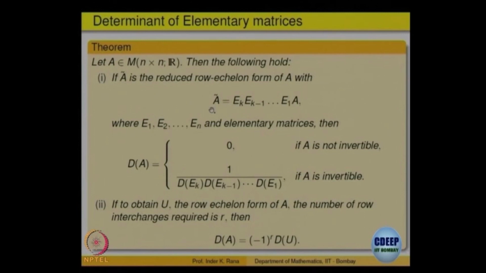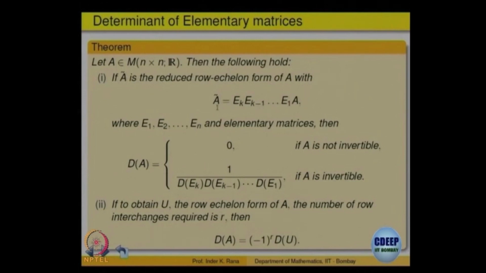So, what will be the determinant of A tilde? That is the determinant of the right hand side. So, I can write it as E k multiplied by the remaining ones, right. Inductively I am going to apply the previous theorem now. So, it will be determinant of Ek multiplied by determinant of Ek minus 1 into up to A, again applying the same property.